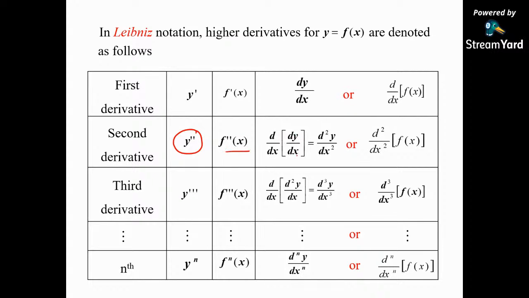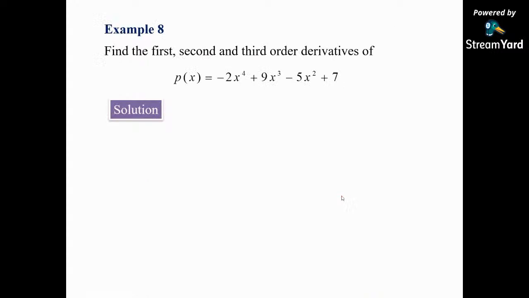If you want to write it in terms of dy over dx, it should be d2y over dx squared. The third derivative is y triple prime, f triple prime, and this one should be d cubed y over dx cubed.